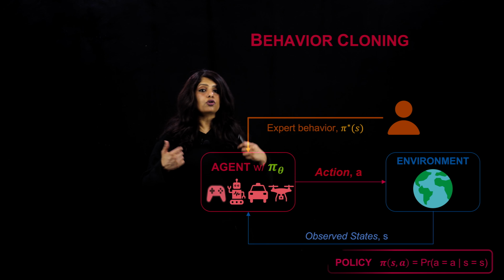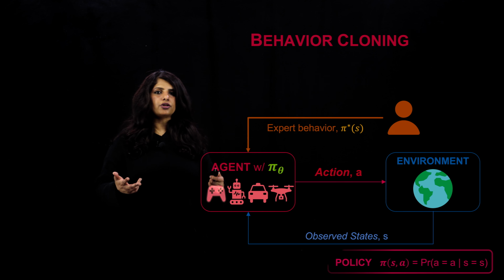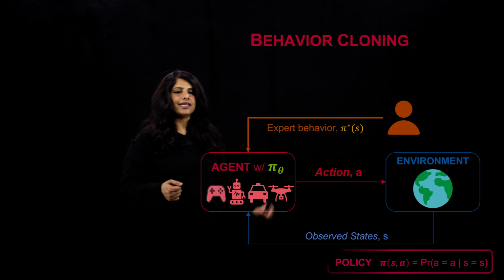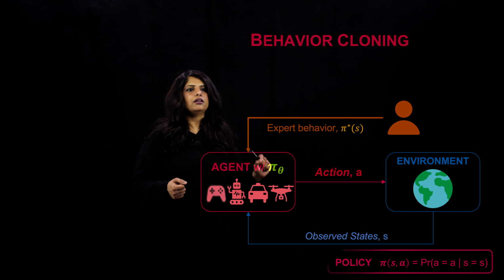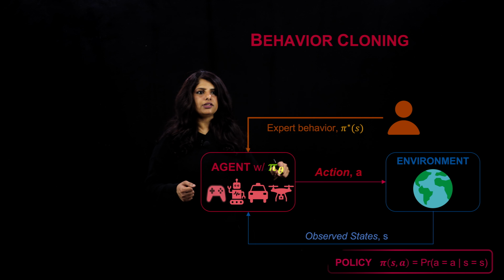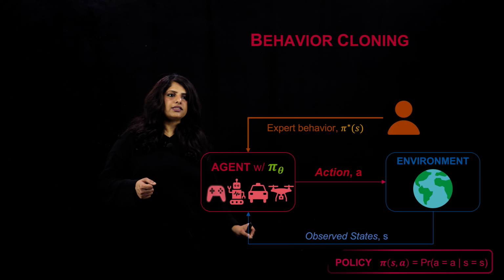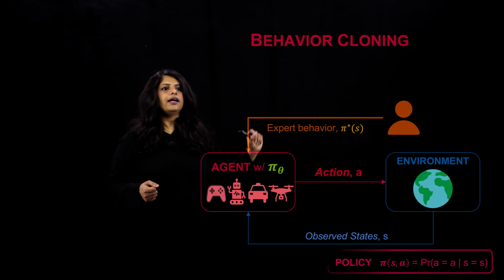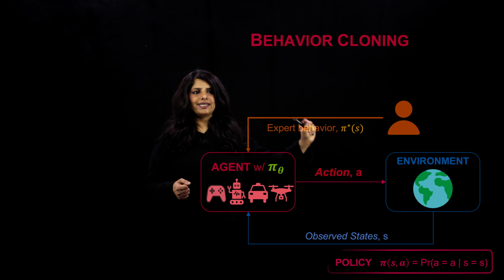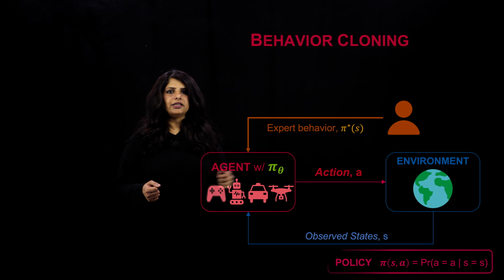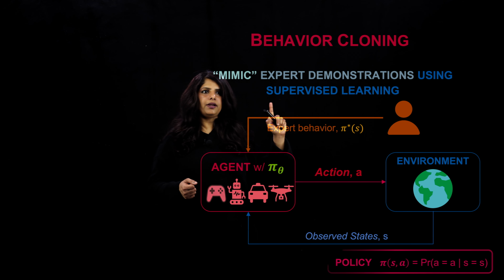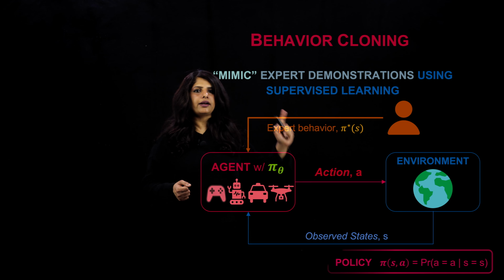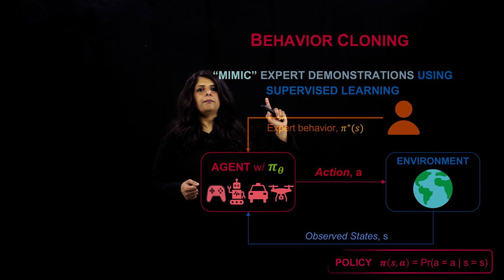This information is already available during the demonstration phase where there is a state action mapping. And what we want to do is ensure that our pi theta reflects very similar policies where when it finds the agent at a certain state, it takes an action that looks exactly like what my expert did. So this is where behavior cloning comes into play, where we're trying to mimic our expert demonstrations by making use of supervised learning.